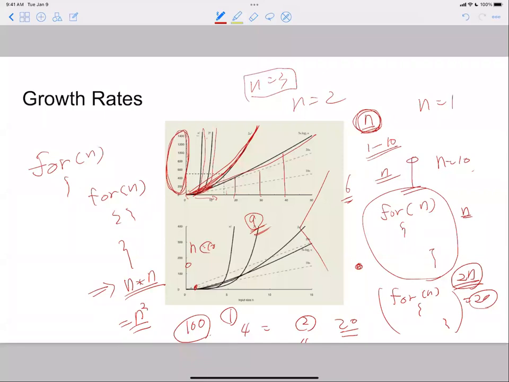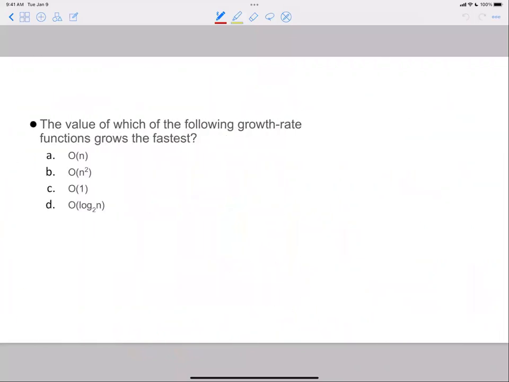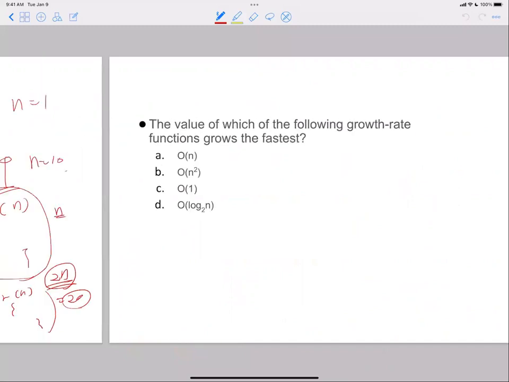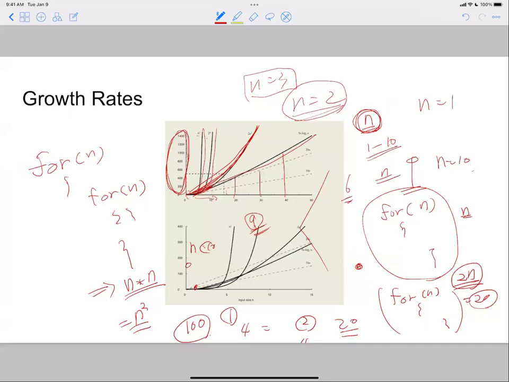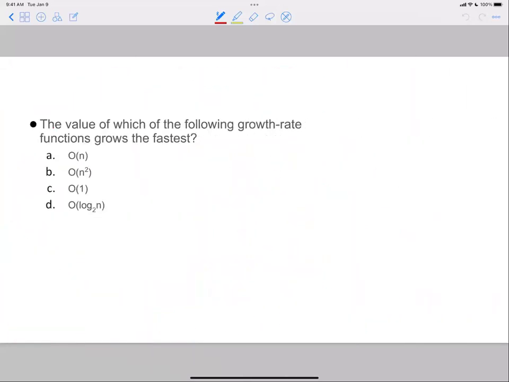And that's why we need to understand the growth rates, to understand when problem size can make a difference. So next question. The value of which of the following growth rate functions grows the fastest? Fastest means which one has a steeper slope.